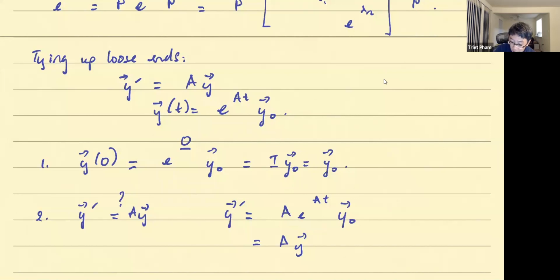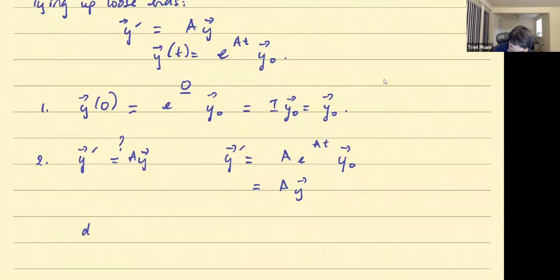Because here, after all, this is a matrix. What do we mean when we differentiate this? How do we know, for example, when you take the difference quotient or whatever that is, in what sense are you getting this? All I want to say is this is not trivial: making sure that differentiating with respect to t like this still works in the matrix case.